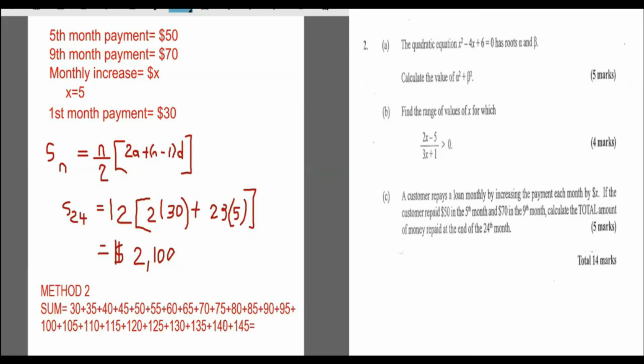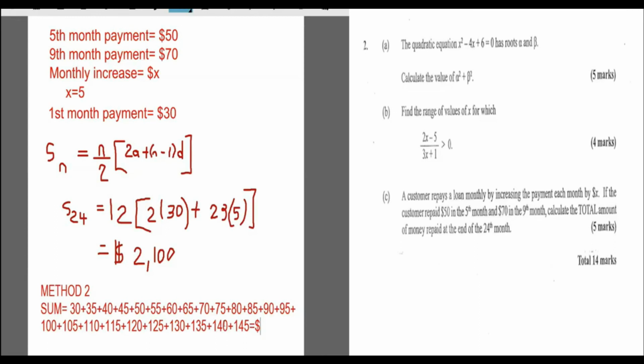Now, you add up all of these and that will give you how much money is paid over 24 months. So 30 plus 35 plus 40 plus 45, and so on, up to 130 plus 135 plus 140 plus 145.